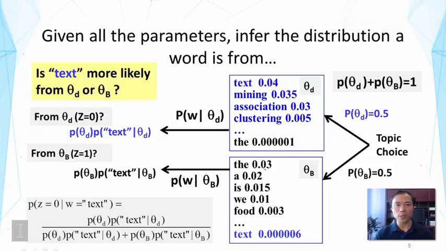Because if we can do this, then we would be able to first initialize the parameter values somewhat randomly, and then we're going to take a guess of these z values, or which distribution has been used to generate which word, right?